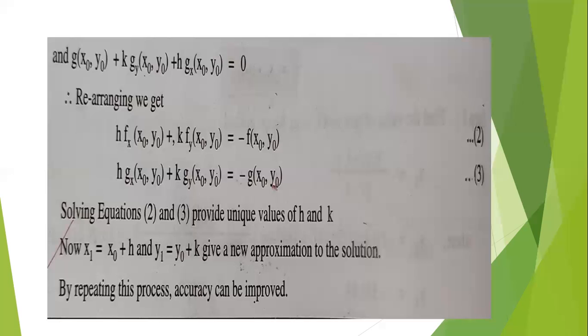Means from this we can find the values of x1 and y1 for iteration number 1, and again repeat the same process with f of x1 comma y1 and g of x1 comma y1, again and again, and when the required accuracy is achieved, we can stop the iteration.